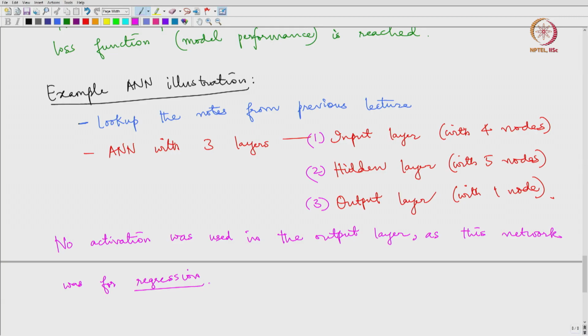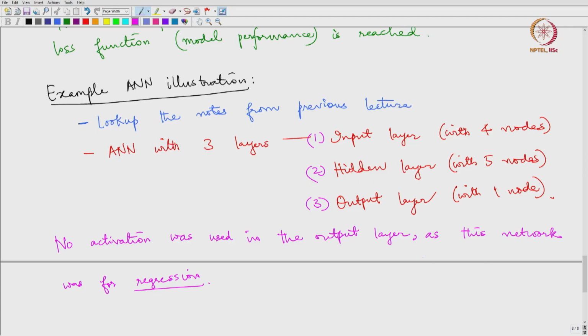If you are doing classification, then the output layer typically should have a sigmoid, because that sigmoid activation or the logistic function will give you a value between 0 and 1. If you are doing multi-class classification, then the output layer should have a softmax activation, but when you are doing regression, you do not want an activation function in the output layer, because that is how you can get the most unrestricted form of output.